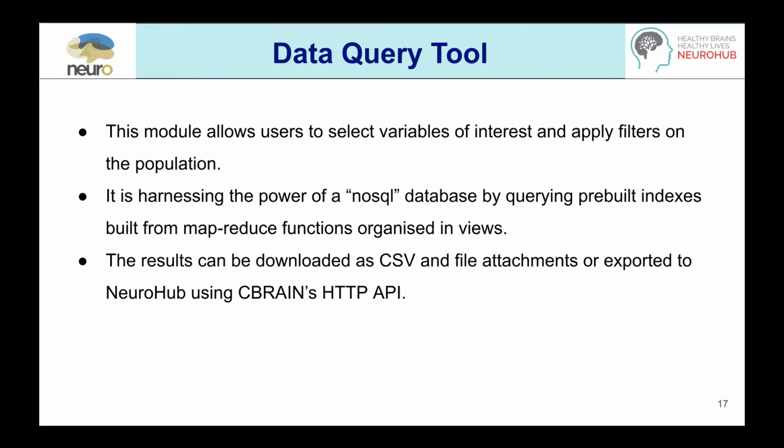It's harnessing the power of a NoSQL database. We are building pre-built queries, and once the results are loaded in the DQT, they can be downloaded as CSV or file attachment, and now exported to CBrain using its HTTP API.